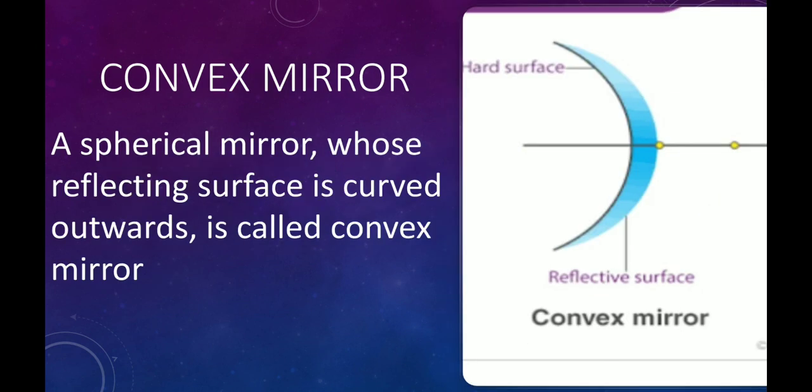What is convex mirror? A spherical mirror whose reflecting surface is curved outwards is called convex mirror. So in concave, the reflecting surface is curved inwards, whereas in convex the reflecting surface is curved outwards. You can observe in the picture the reflecting surface is outward and when light falls on this outward surface, it will bounce back and it produces an image.